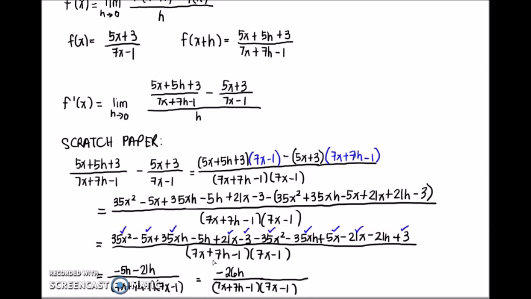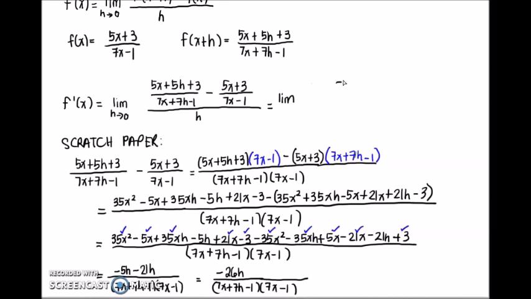So, anong ibig sabihin nun? Ibig sabihin nun, this whole thing here is equal to the numerator here. So, magiging equal to the limit. Huwag kakalimutang ilagay yung limit. So, itong lahat ng to is just equal to this.